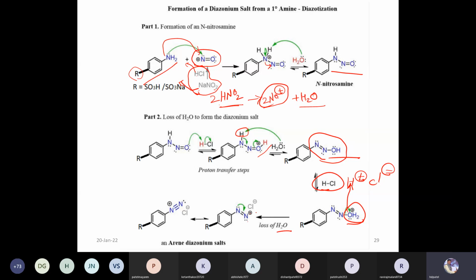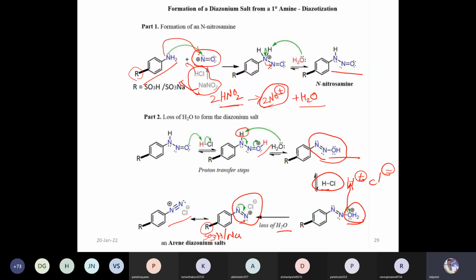Now this N plus combines with Cl minus, and finally we have R-C6H5, where R equals SO3H or Na, whatever. Then N double bond N-Cl. So the diazonium salt will form. Then, as we have discussed, there are two different resonating structures, so it is in the form of N plus triple bond N, Cl minus.